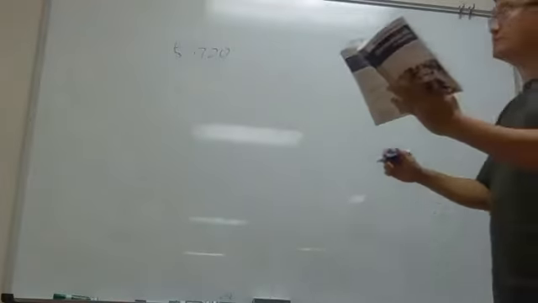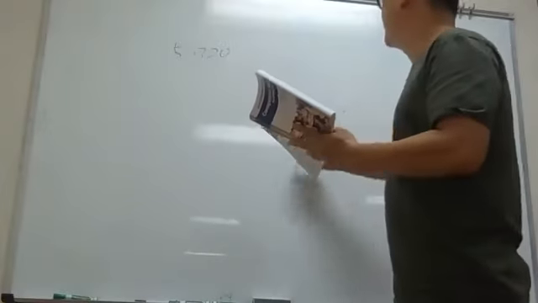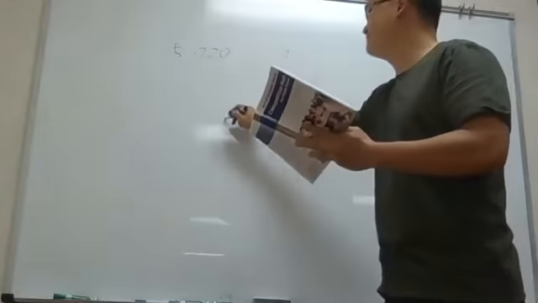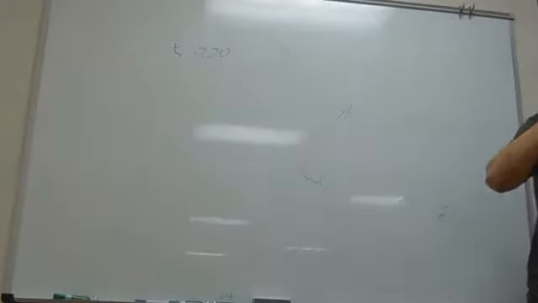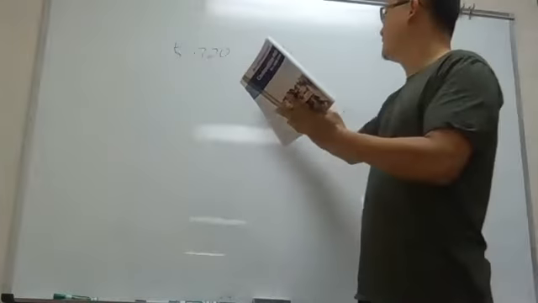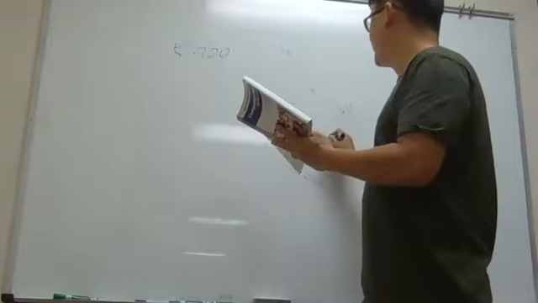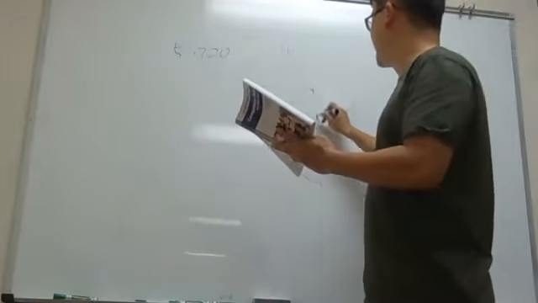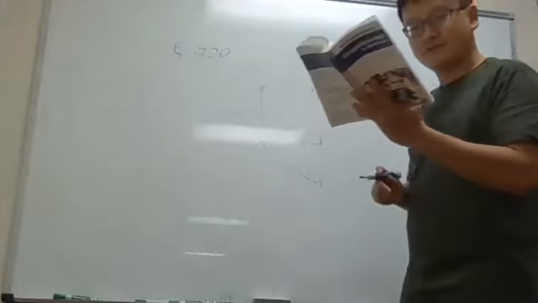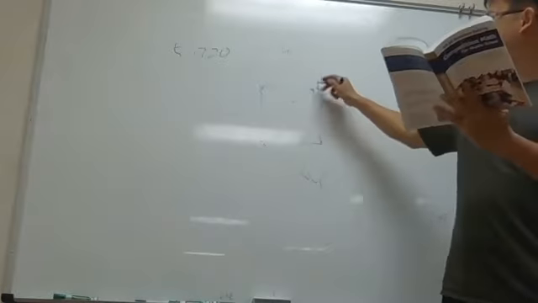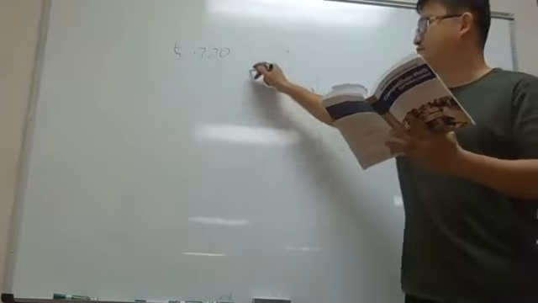Again, we have a quadrilateral WXYZ, and we have the middle points, right? If we connect all the middle points, you get a rhombus, which is even better, because we know a lot of good properties about the rhombus here. These are PQRS.